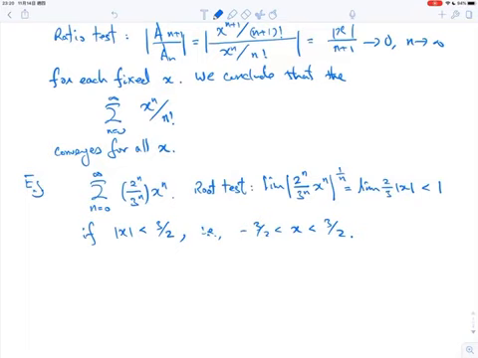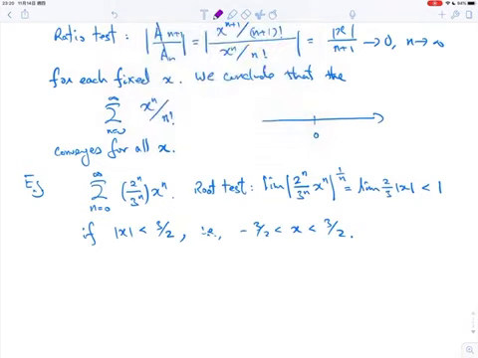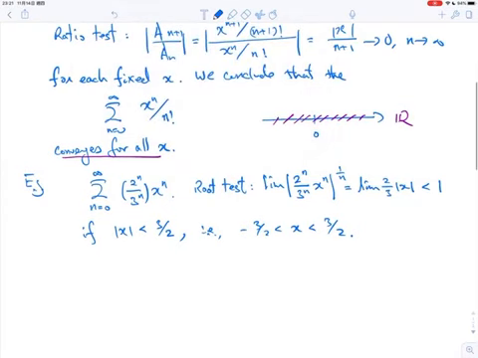So comparing to the last example, if you draw an axis, this is 0, then everything that you pick on the real axis, the series converges. Whereas in the second example, this is 0, this is minus 3/2, this is 3/2, so the place in which the series converges is this interval as indicated.